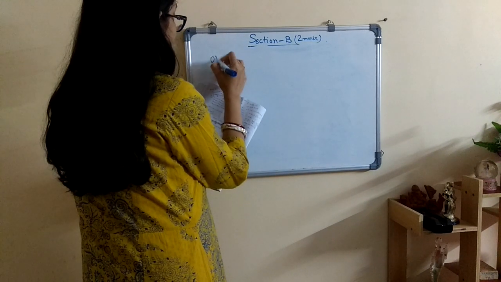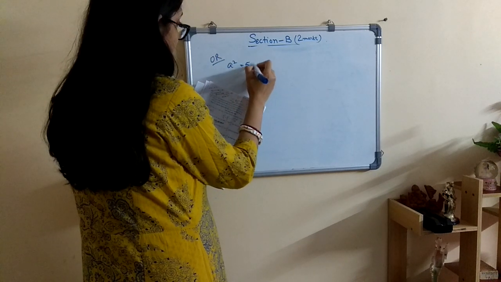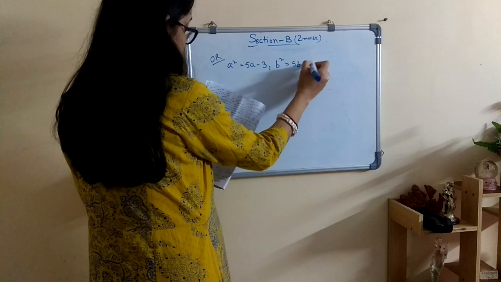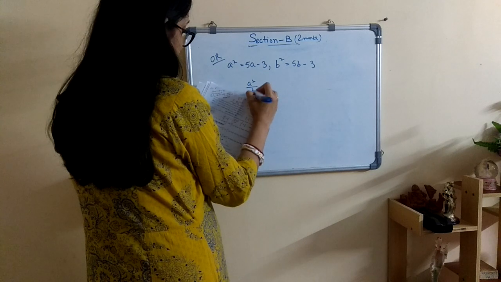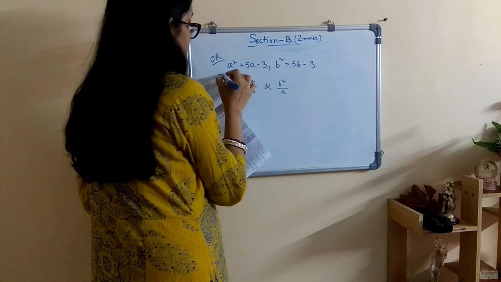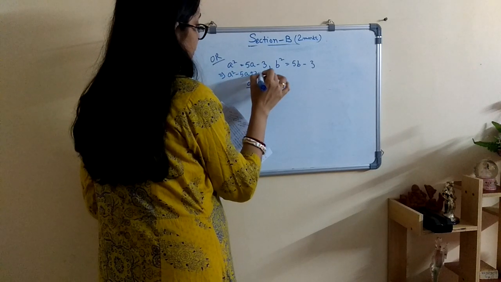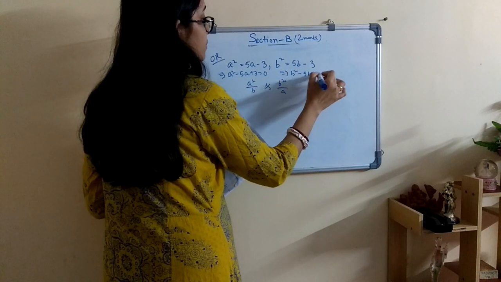In the OR part of question number 4, it is given that A square equals 5A minus 3, B square equals 5B minus 3, and the roots are given as A square by B and B square by A. From the first equation we can write A square minus 5A plus 3 equals 0 and B square minus 5B plus 3 equals 0.